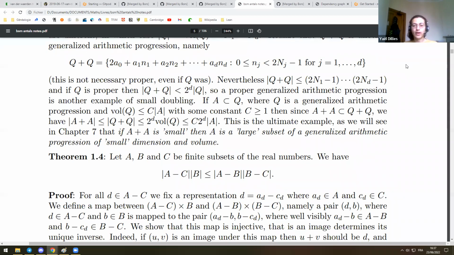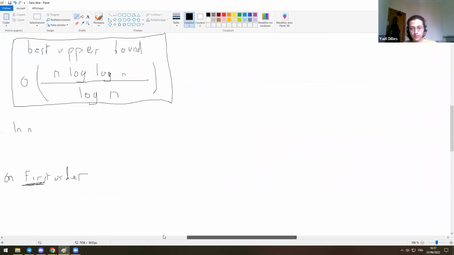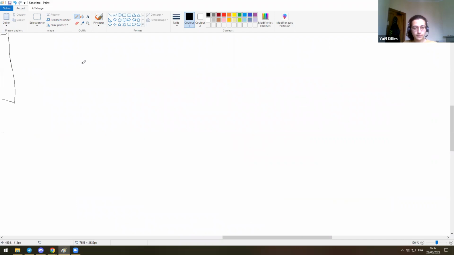So the idea is that if you have a set A, and you have a set B, then you can define A plus B as all possible sums of one element of A and one element of B.